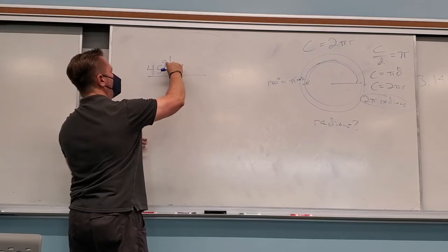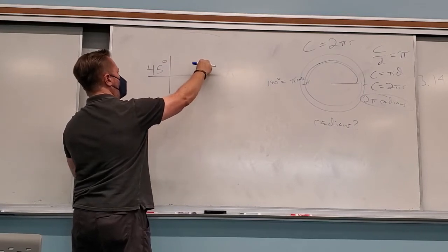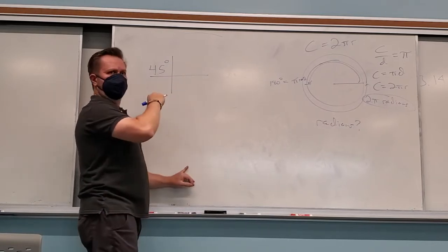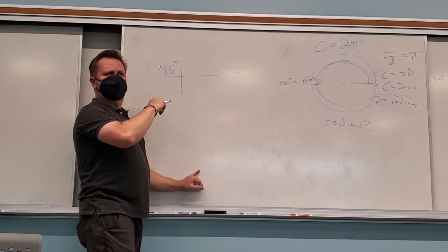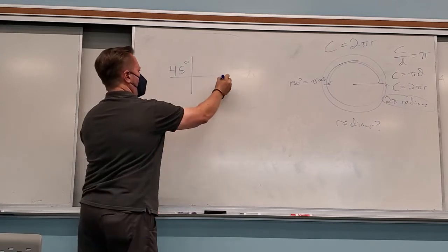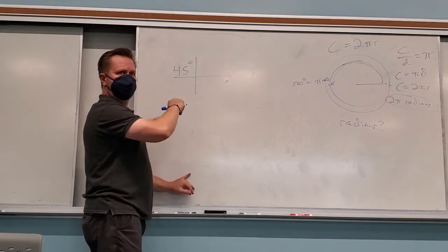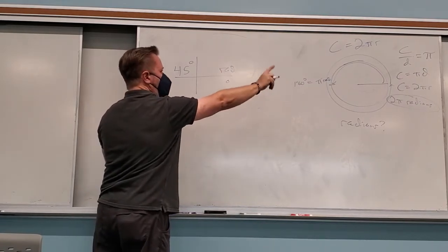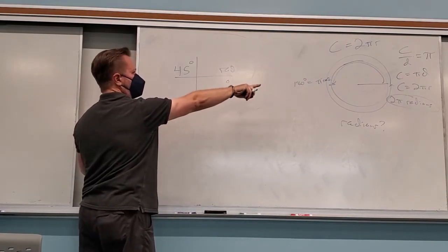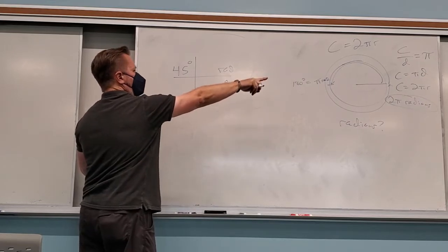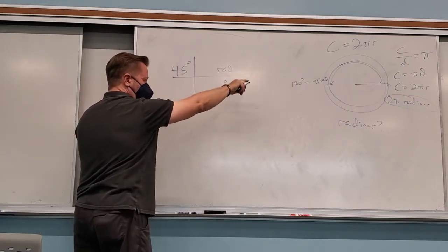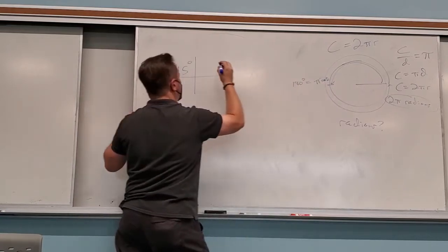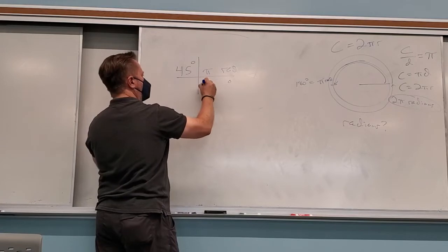So if I want degrees to cancel, would I put it up top or on the bottom? I'll put it down here. Wouldn't that cancel? So radians go up top. And what did we just say? How many radians is how many degrees? Pi radians is 180 degrees.